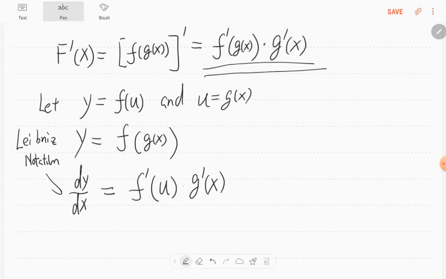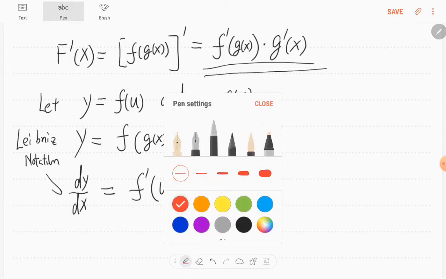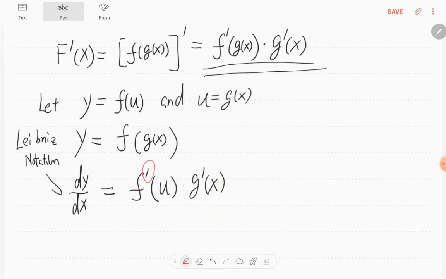So be careful: the two primes here mean different things. The first prime means the derivative with respect to u, because for f the variable is u. The second prime means the derivative with respect to x, because g is a function of x.